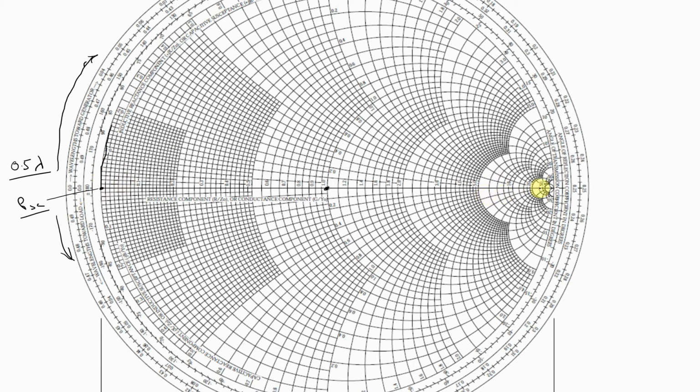The extreme right point is the open circuit point. The circles above this axis give inductive reactance, which is taken as positive, and the ones below are taken as negative.